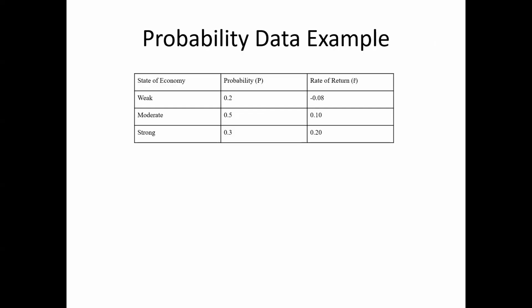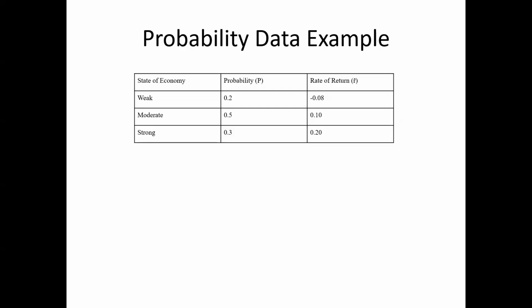Then when we want to use probability data, because I told you it's either historical data or probability data. So this is the probability data. They are saying that in a weak economy, the firm is likely to get negative 0.08 at a probability of 0.2.